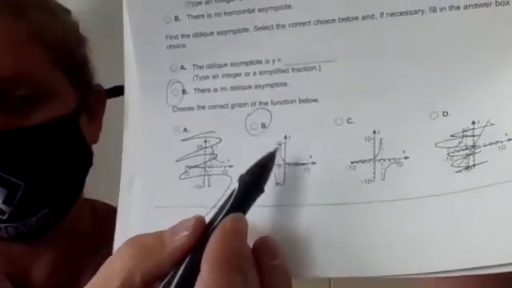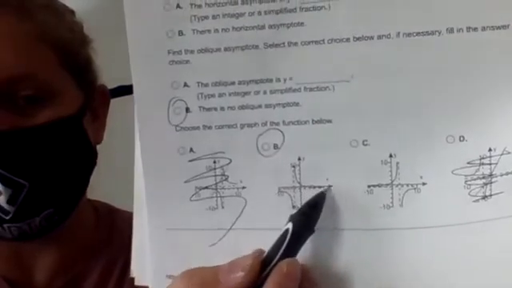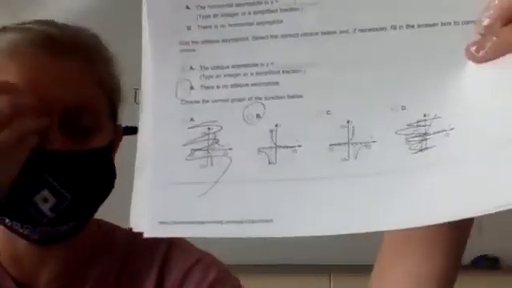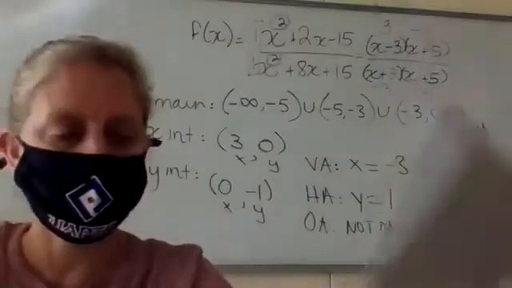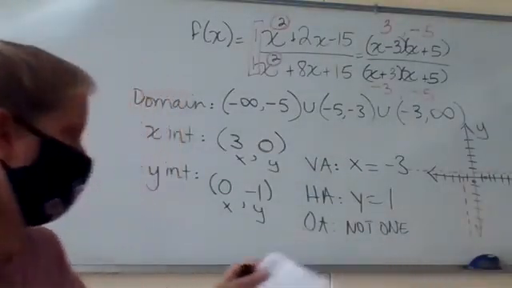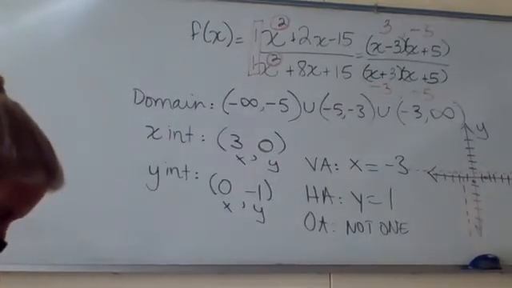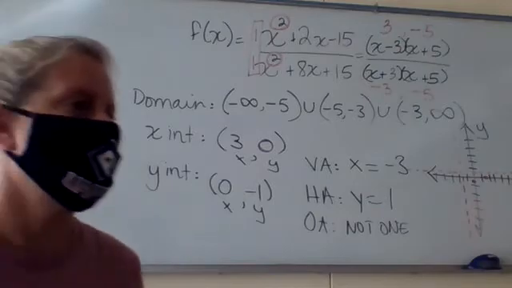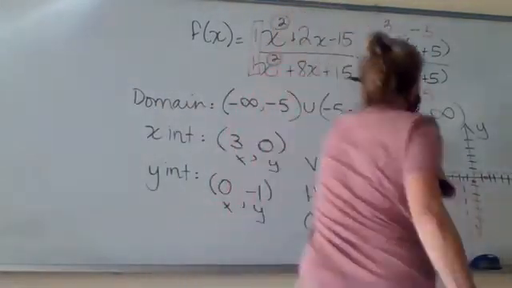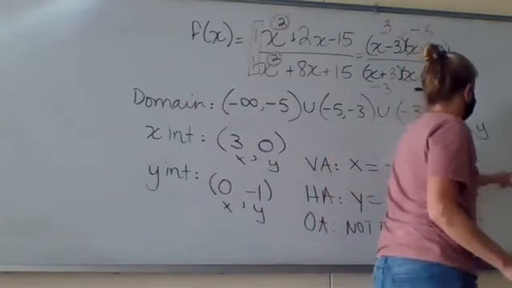So here, vertical asymptote at -3, horizontal asymptote at -1, where they should be. Yes. B, right? Because it had this vertical asymptote and that horizontal asymptote.